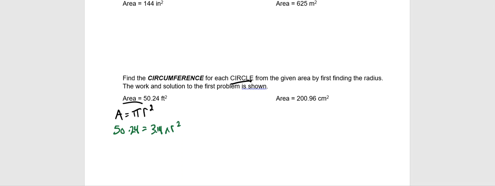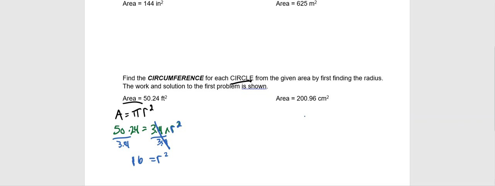Now here, you want to recognize that you're going to have to get this r squared all by itself. So we're going to have to divide by 3.14 on both sides. That's going to make the 3.14 cancel. It's going to give us r squared is equal to 16.